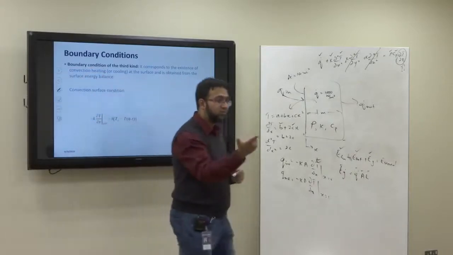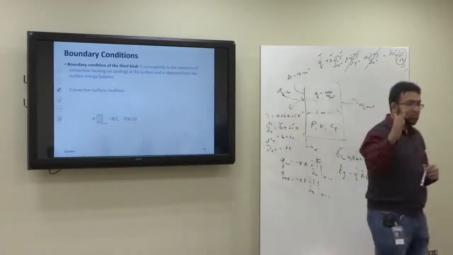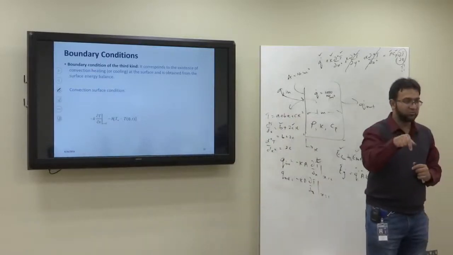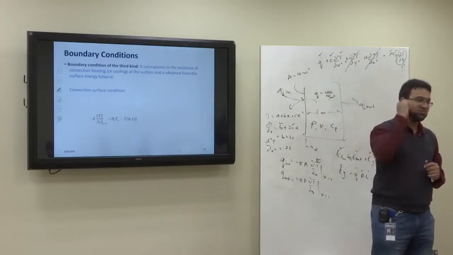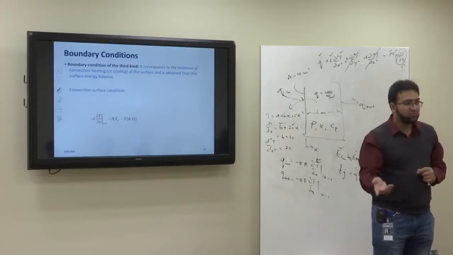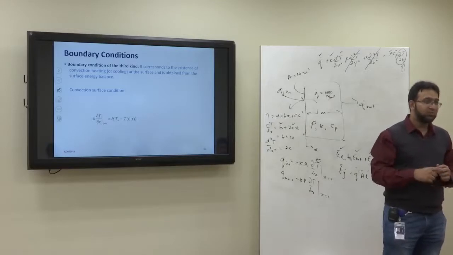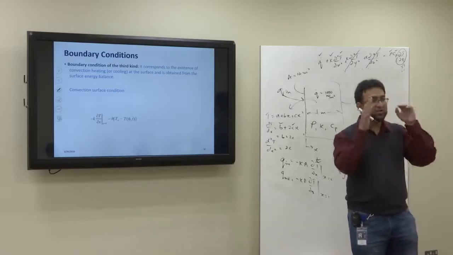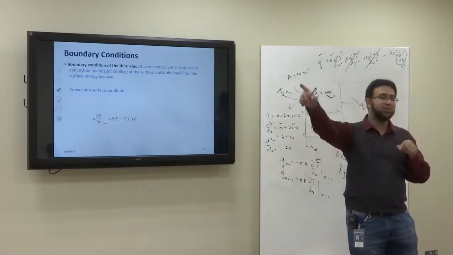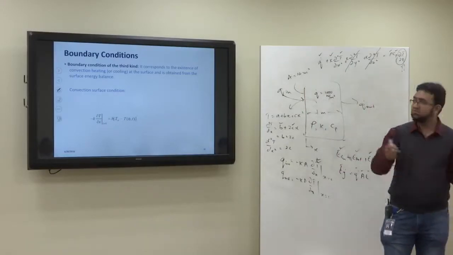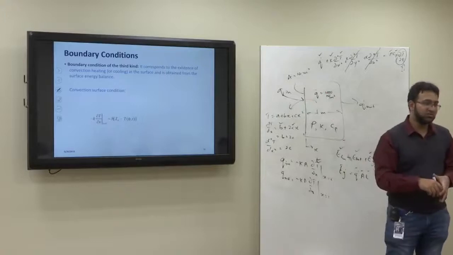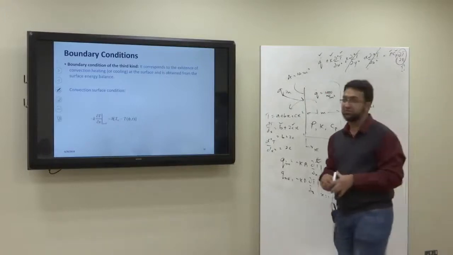So what are the 3 kinds of boundary conditions? Either at any boundary the temperature is directly known, or the temperature is not known but the actual heat flux is known, or neither the heat flux nor the temperature is known, but the amount of heat conducted at that surface equals the amount of heat convected out. This is known as the boundary condition of the third kind.